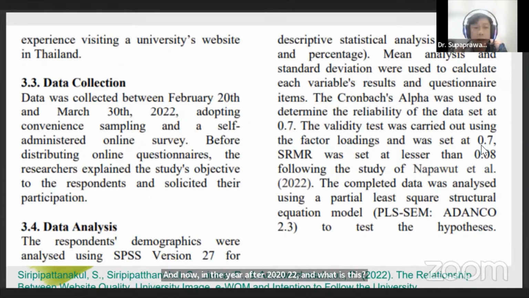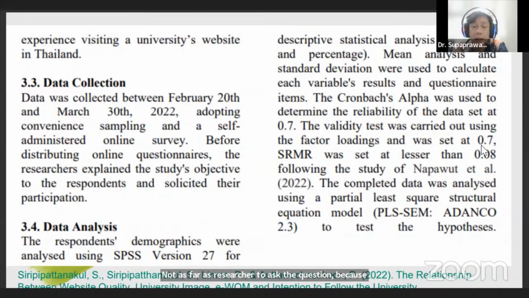In this case, it adopts convenience sampling, and uses self-administered. It means that with the online survey, the respondent can answer by themselves, not asking the researcher to ask the question, because it is sent by the online survey.